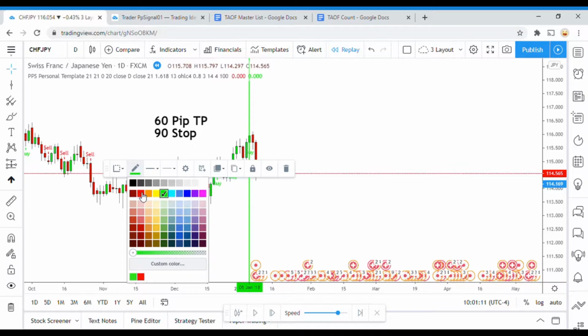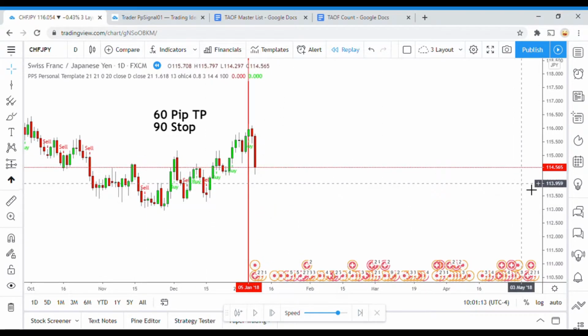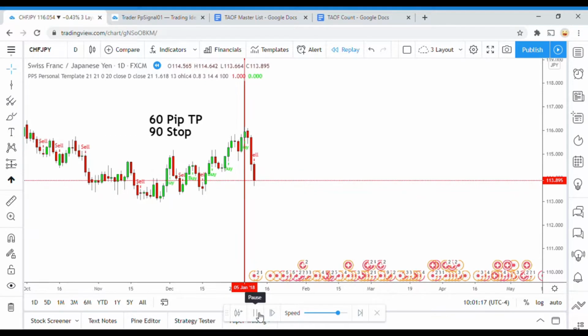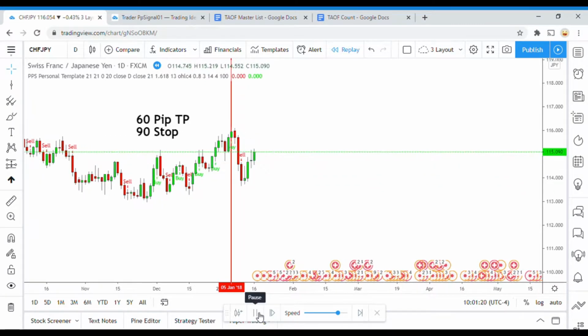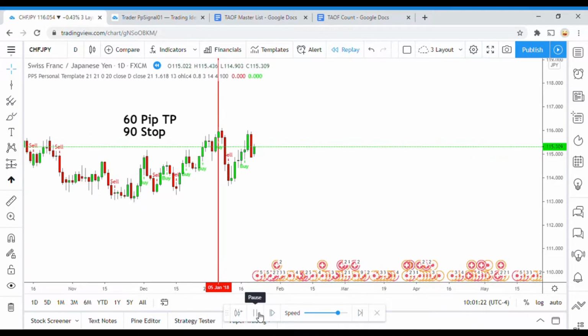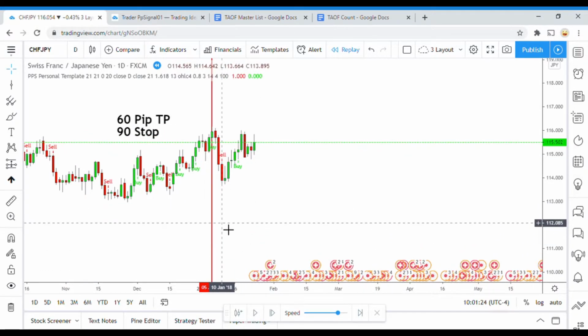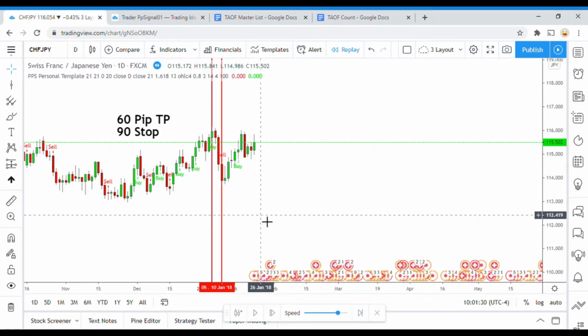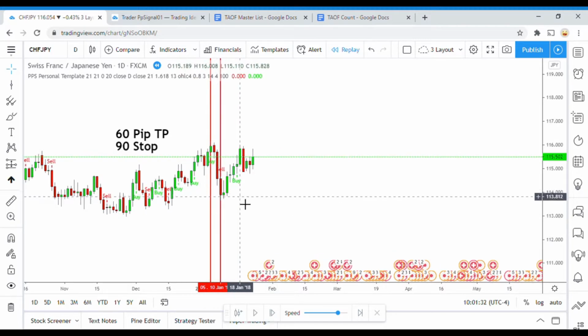Alright, there is the first signal there, and unfortunately that would be a losing signal. There is another signal there. Unfortunately, that one would also be a losing signal.